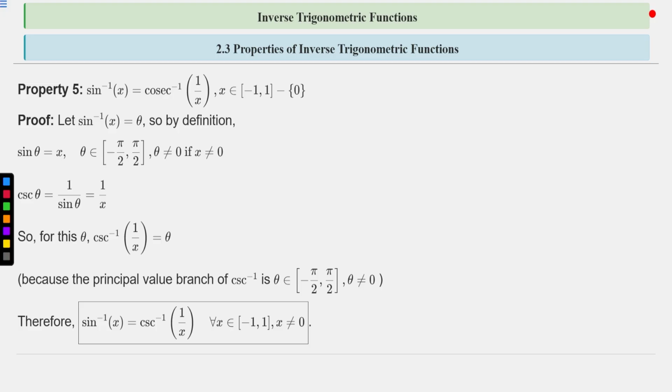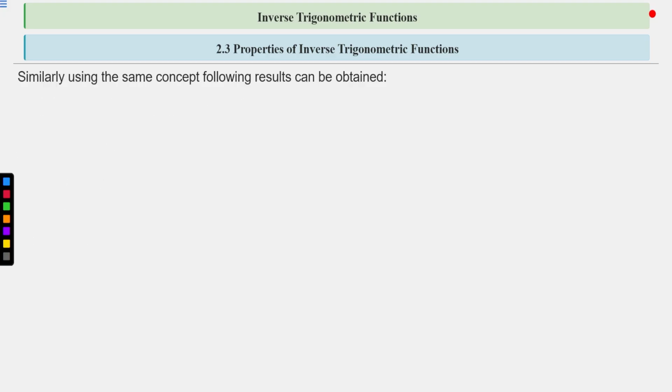Therefore, sine inverse x will be equal to cosec inverse 1 by x for all x belonging to minus 1 to 1, and x should not be equal to 0. So you have to remember this property, right?